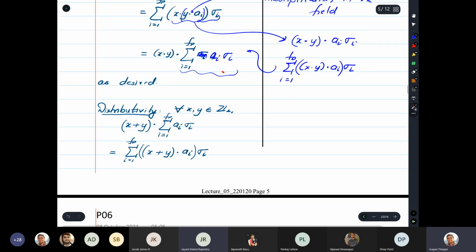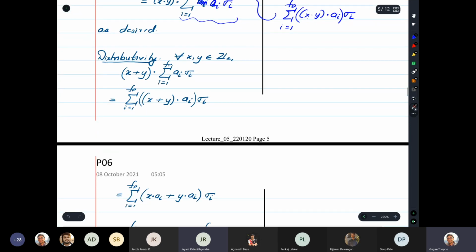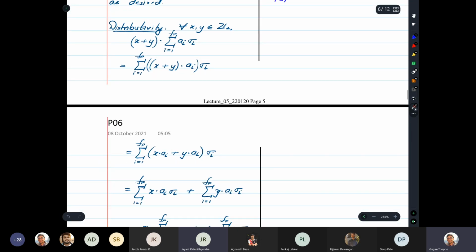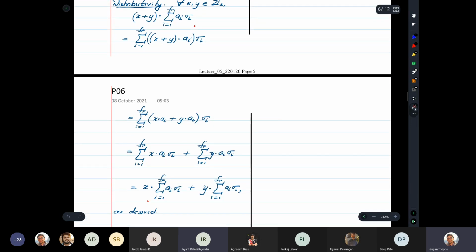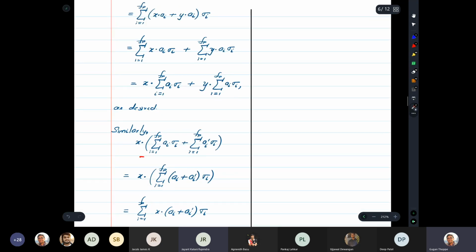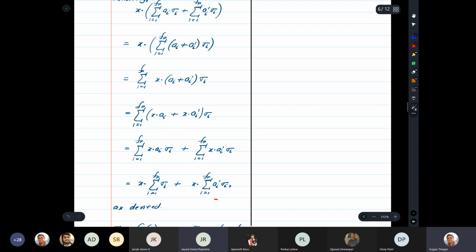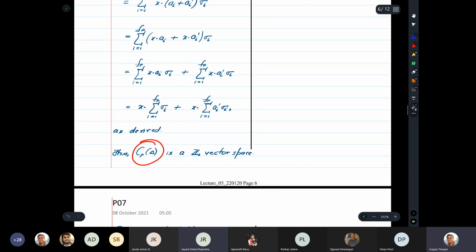Okay, and in the same way, I hope each one of you would be able to verify the distributive property as well. The distributive property requires us to show something like this. I encourage you to go over it and verify that indeed the distributive property actually holds. Is this okay? So in this way you can verify everything, and you can indeed conclude that CP delta is a Z2 vector space.